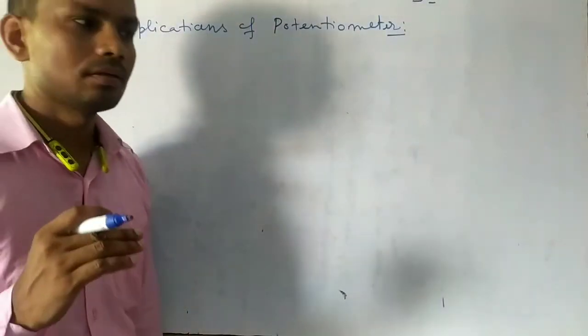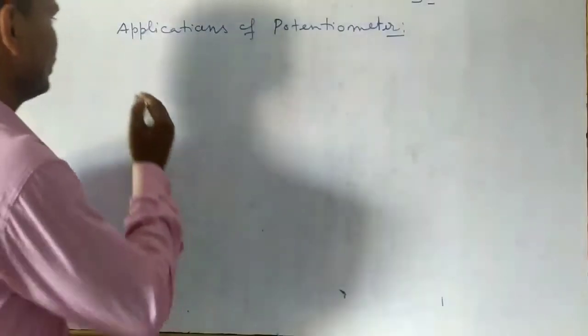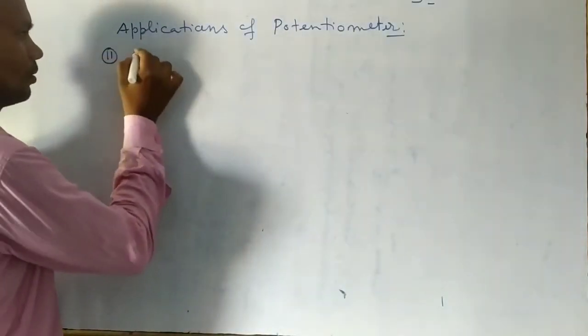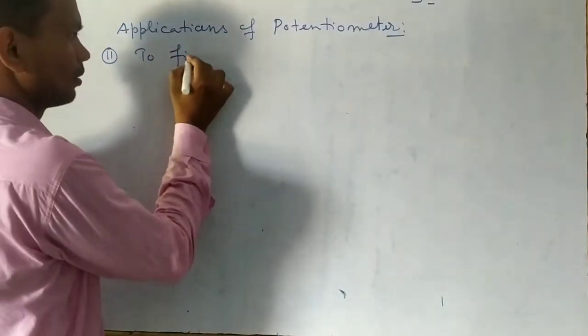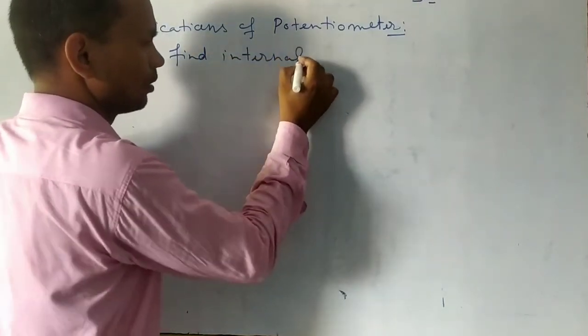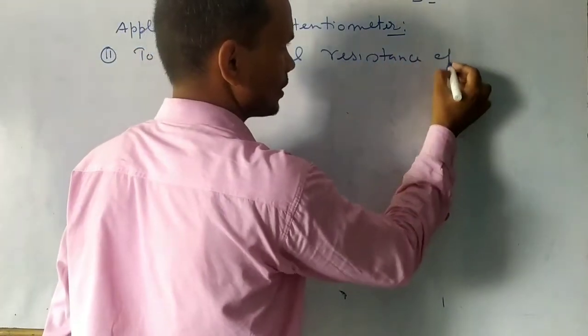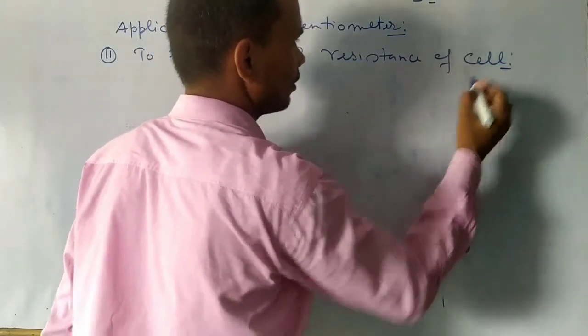Now see the next application of the potentiometer, the second one: to find the internal resistance of a cell.